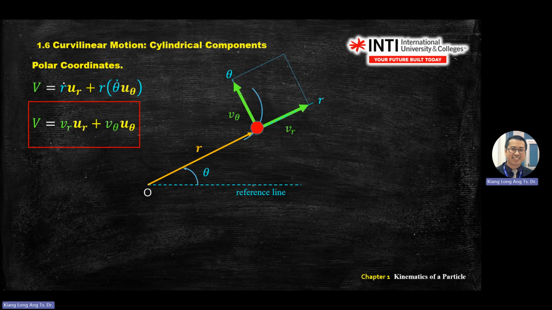So v in r direction, v in theta direction. These are two vectors you can combine with the parallelogram law. So combine these two vectors, you get the resultant. How to find the resultant? You find the magnitude, square this one, plus square this one, square root. This is a right-angled triangle. You draw a right-angled triangle here. You can use theta to find the angle over here for the resultant.